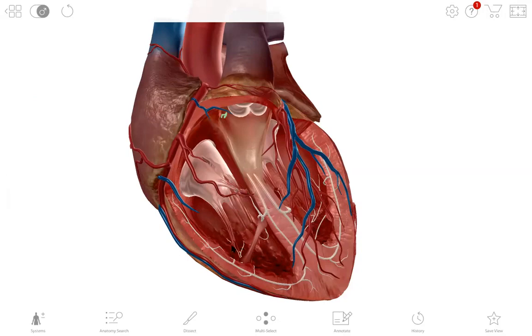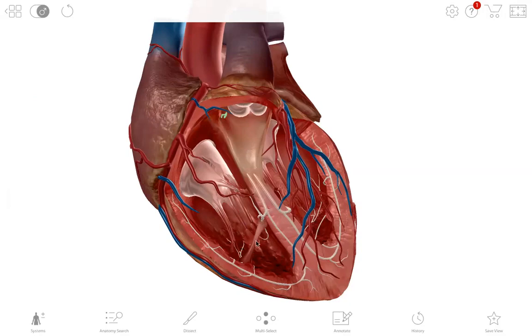Okay, when these papillary muscles contract, they will pull the chordae tendineae and open the cusps so that there is directional flow of blood from the right atrium to the right ventricle. Then in another action, the right ventricle will force the blood towards the infundibulum, then towards the pulmonary trunk.